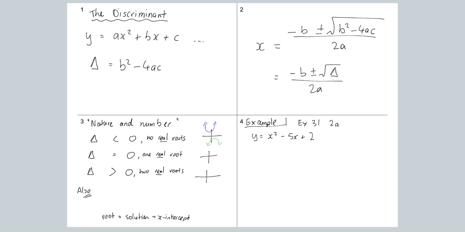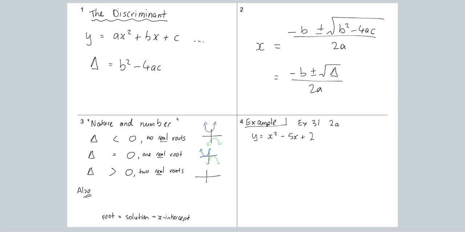So when it's got one real root, what must that look like for a quadratic function? Well, it means that the graph is going down to the x-intercept, hits it, and bounces off. So it's got a single distinct root. Or, if it's a frowny graph, concave down, it hits it and then bounces off. So when the discriminant is equal to 0, you would expect to see a bounce on the graph.